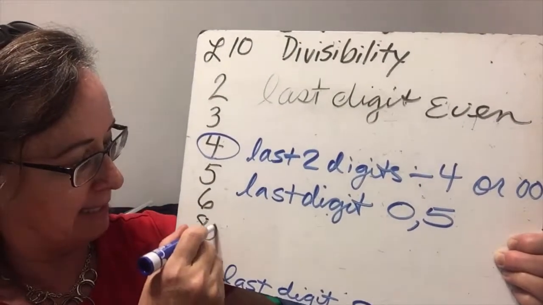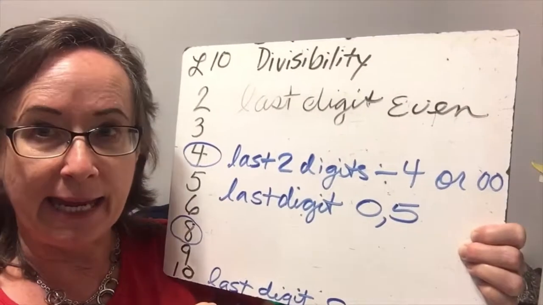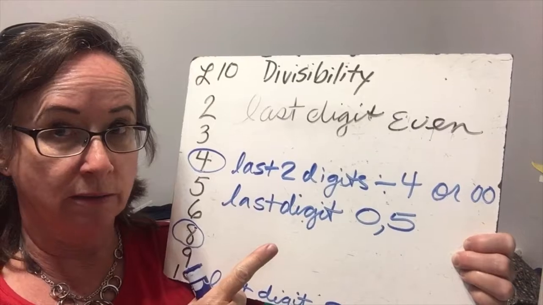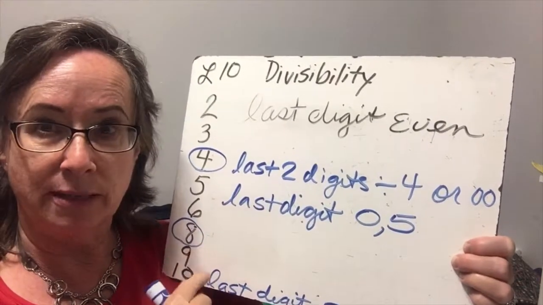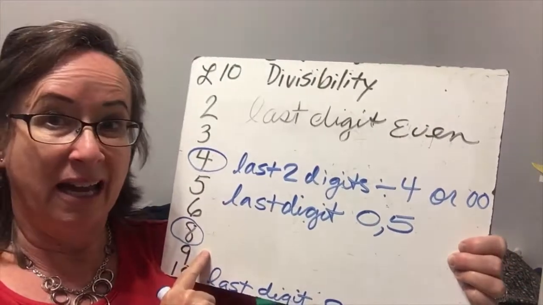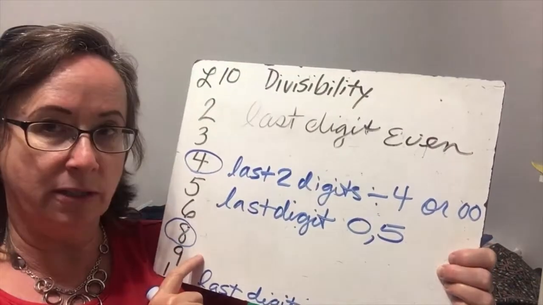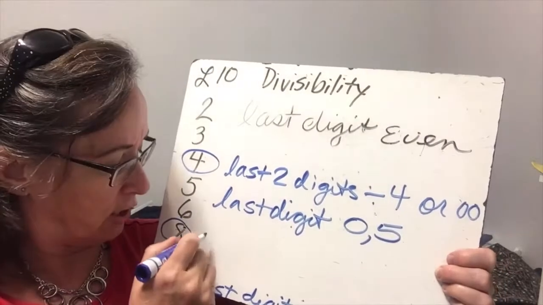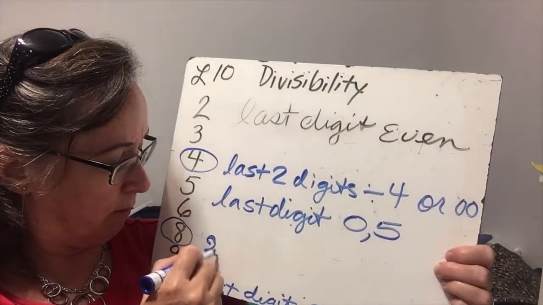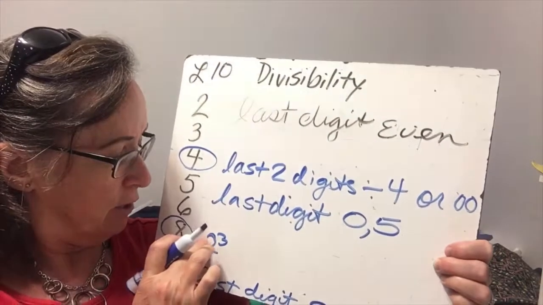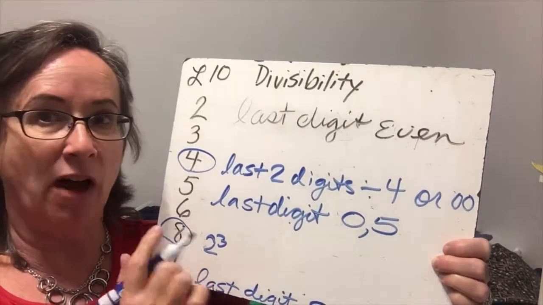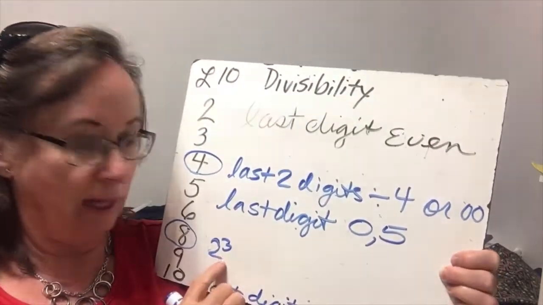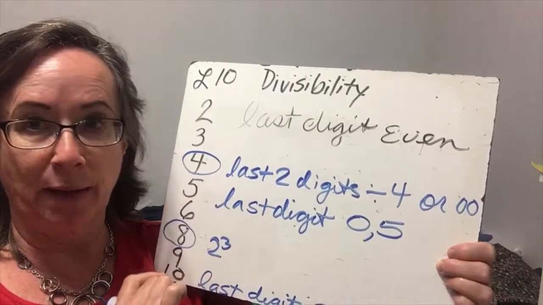If we go to 8, 8 has to be divisible by 4, okay, but also by another 2, because if it's not divisible by 4, it's not divisible by 8. But 8 is actually 2 cubed. Okay, so if we were to divide a number by 4 and still have an even number, then that would be divisible by 8.